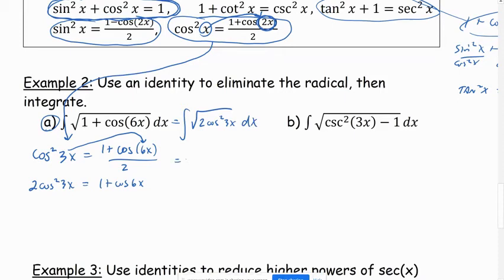And so that's the same as the square root of 2 times this integral of cosine squared 3x. And since we're taking the square root of something that's being squared, we just have the integral of cosine of 3x. And that is sine of 3x divided by 3 plus c.